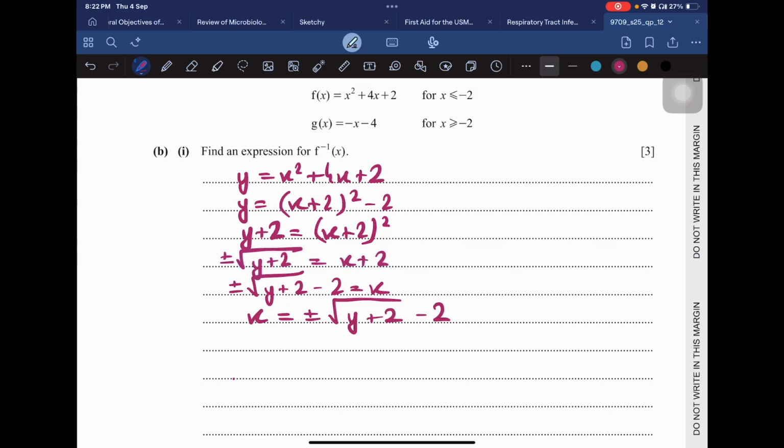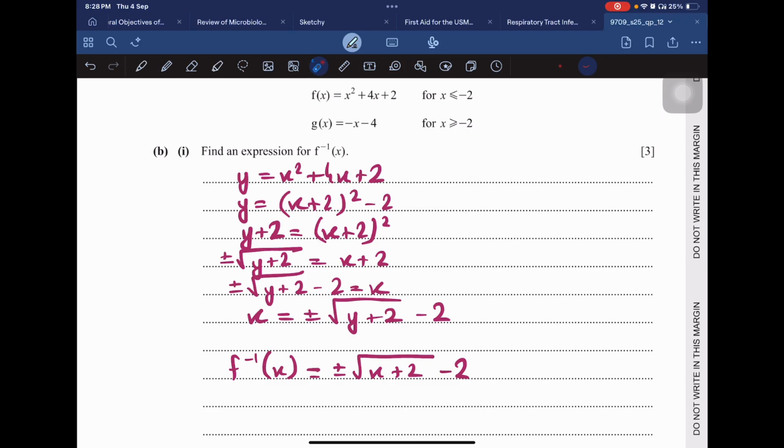Now what will the inverse be? So the inverse will be minus 2. This will be the inverse. Now we need to decide whether it will be positive or negative. So how do we decide that?